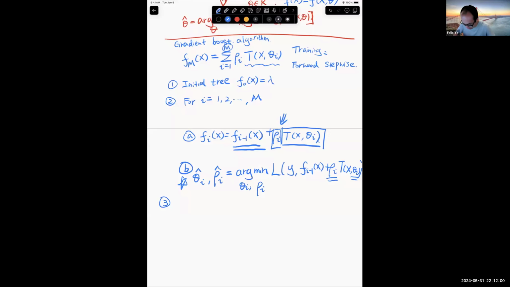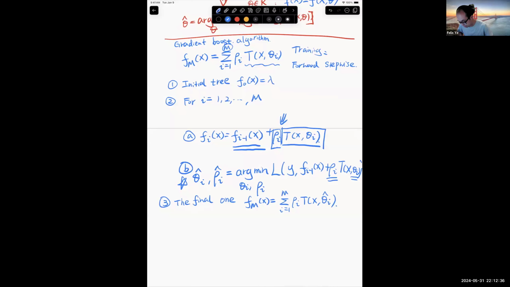The final one is you sum all this together, then it becomes f_m(x) equal to the summation i from 1 to m of rho_i t(x; theta_i hat).